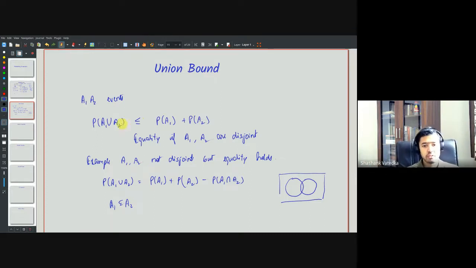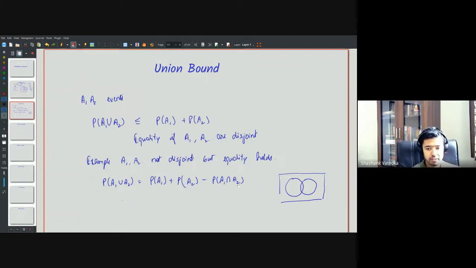Let me put it in a different way. If the probability of A1 union A2 should be equal to the probability of A1 plus the probability of A2, and A1 and A2 are not disjoint, then what should happen? Just look at this and tell me.